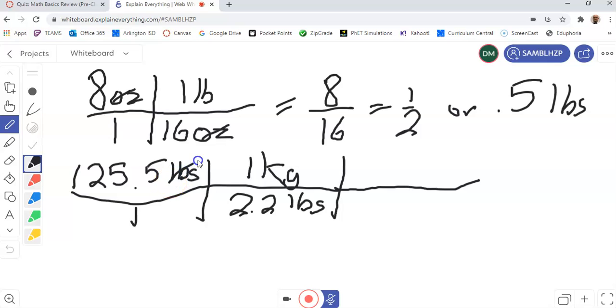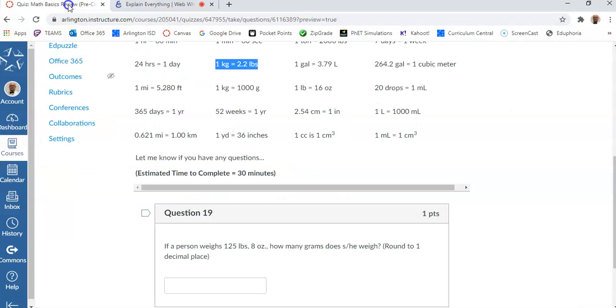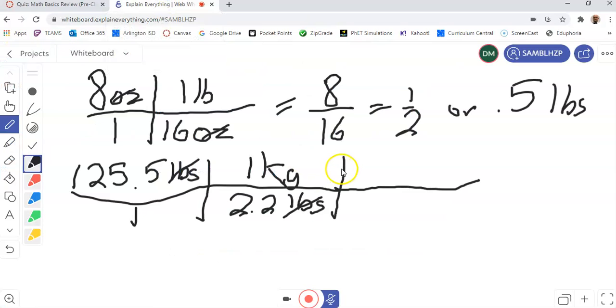Now we're going to cancel out pounds because pounds went away. We want kilograms to turn into what? Grams. So 1 kilogram is 1,000 grams. Kilograms needs to go away, so it's going to go on the bottom.